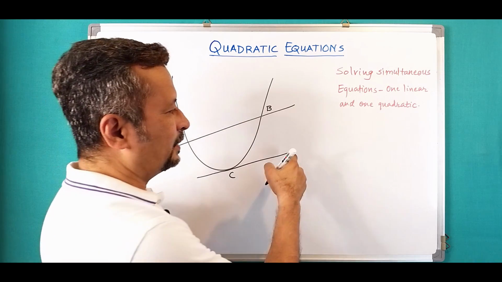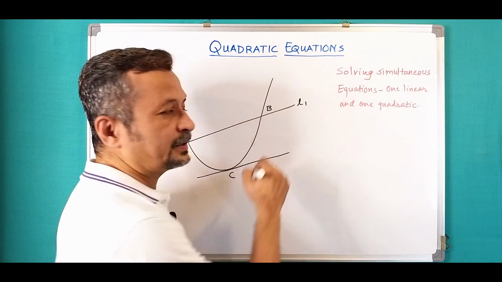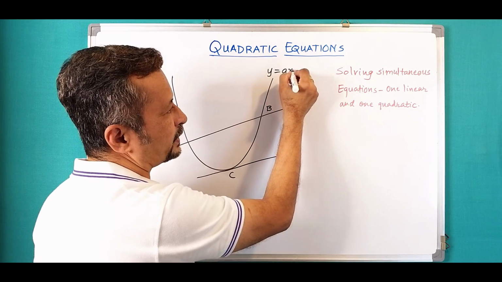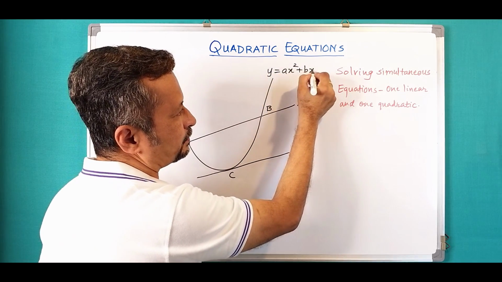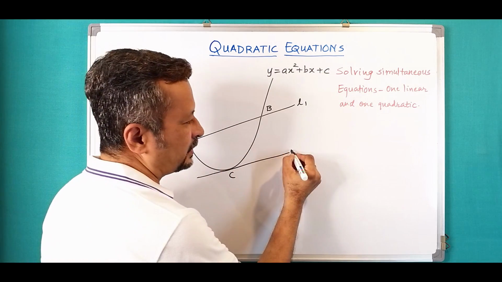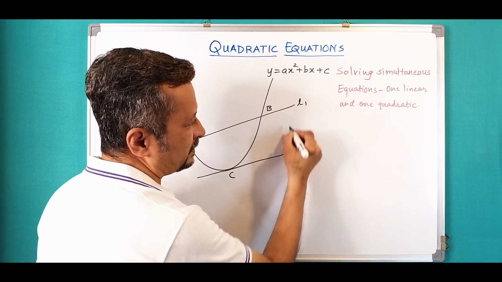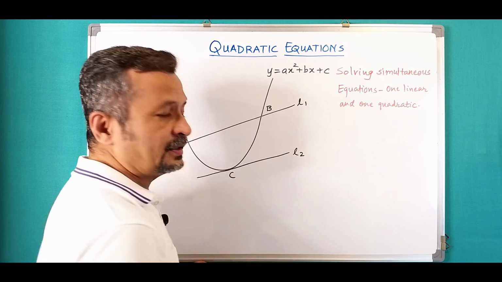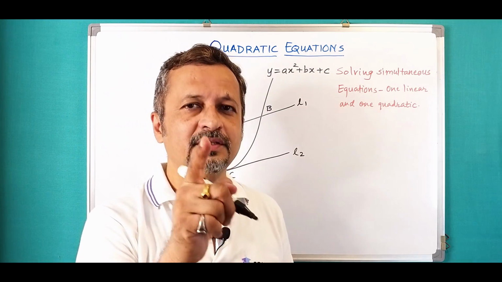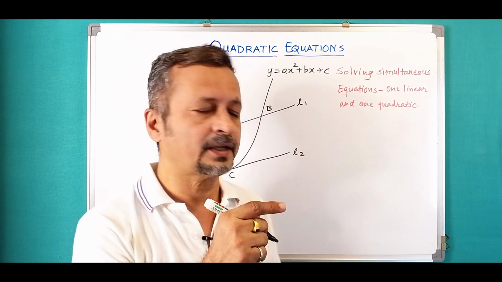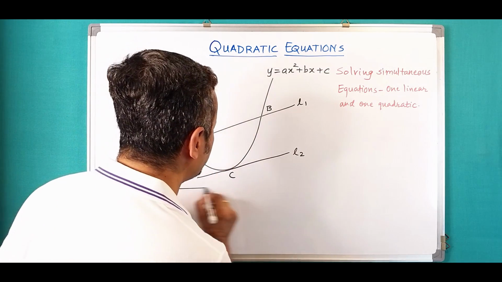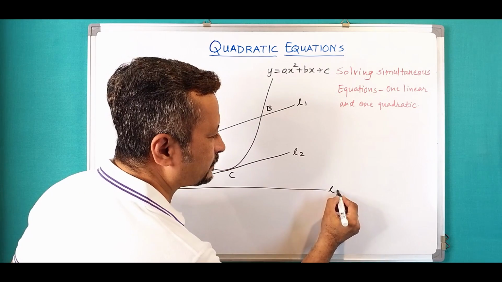So we can say my line L1 is cutting the curve y is equal to ax square plus bx plus c. And my second line L2 is intersecting the curve at only one point. That means this line is tangent, correct? So we need to understand that. Or my third line can be something like this, L3.